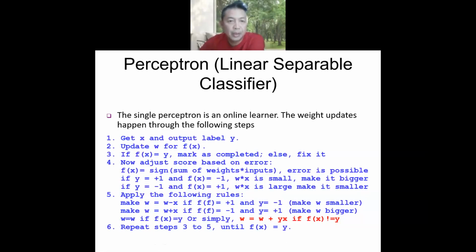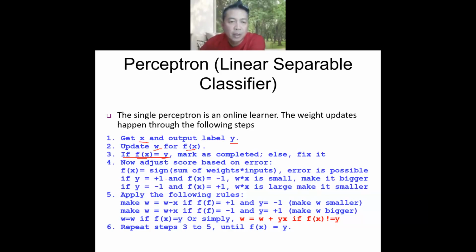So this is the pseudocode on how we update the weight of the neuron. So for example, we are looking at the X and also the Y output. For every iteration, we will update the weightage for the function here. If your predicted output is equal to the actual output, then you don't do anything, else you fix it.